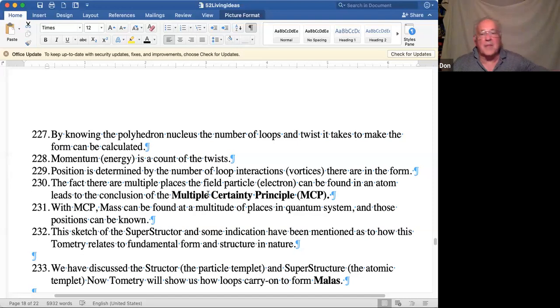So for the electron, if you know the particle's tetrahedron, you know there are 4 places you can find that electron and exactly where they are. If it's a cube, you know there are 8 places. And an icosahedron, you know there are 20. So whatever the polyhedra is, however many millions of faces it may have, there is always a multiple certainty of finding the particle that's sustaining that field in a certain number of places.